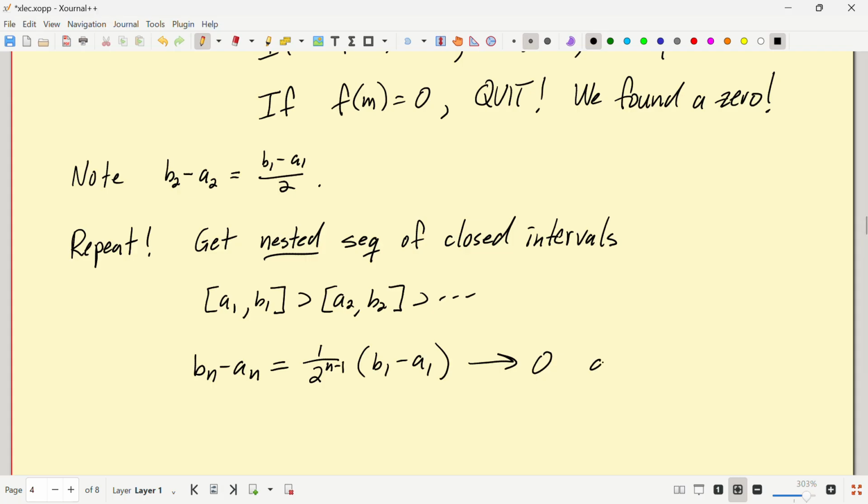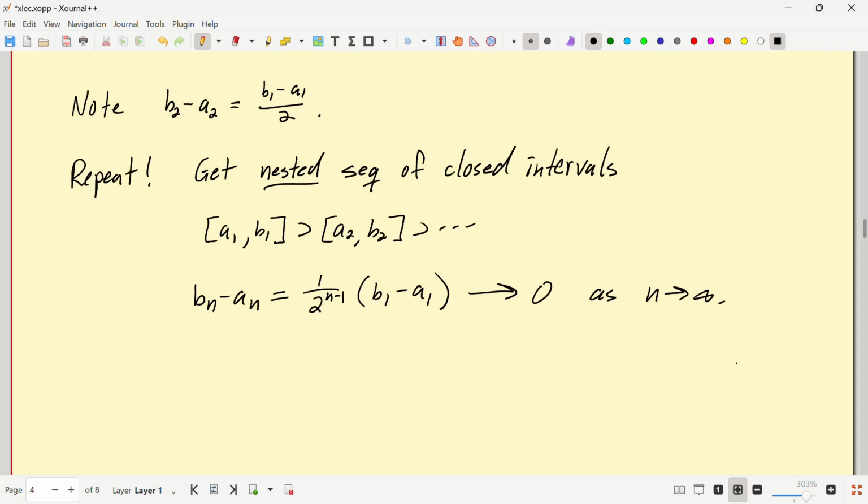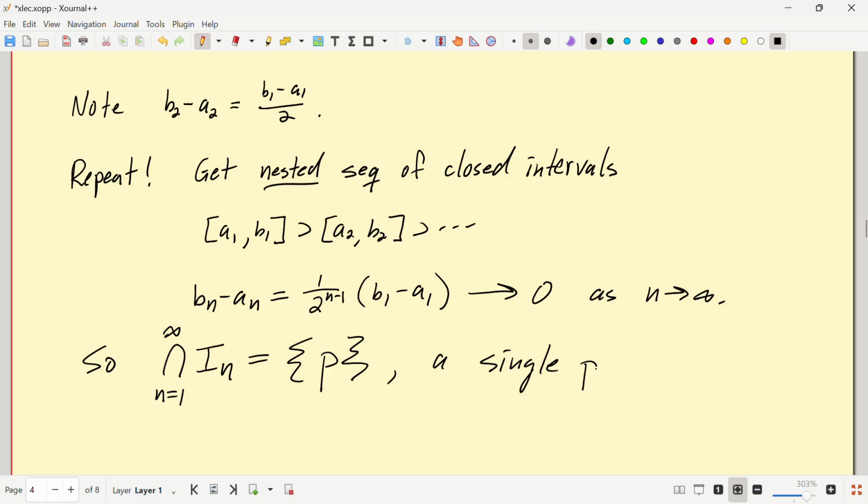Goes to 0 as n goes to infinity. And so the nested closed interval theorem, we know that the intersection of those intervals, let's call these I sub n's, is a single point. And it would be a single point in my original interval.